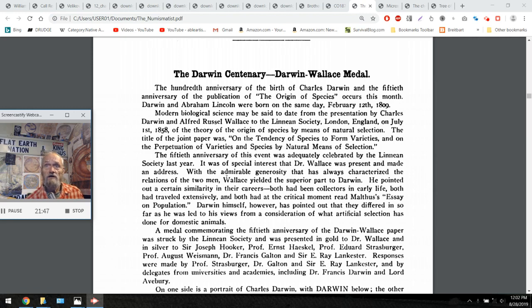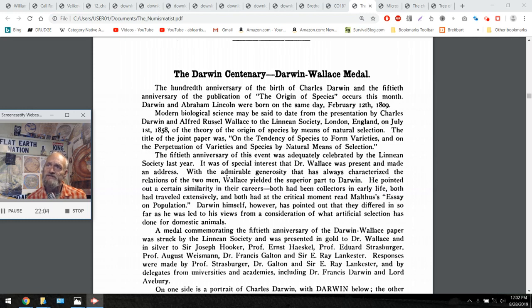The title of the joint paper was, "On the Tendencies of Species to form Varieties, and on the Perpetuation of Varieties and Species by Natural Means of Selection."